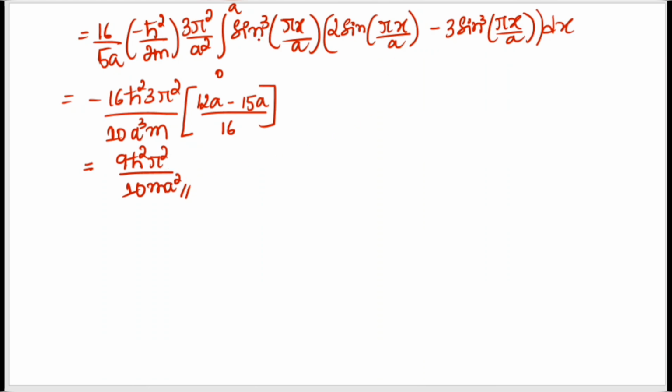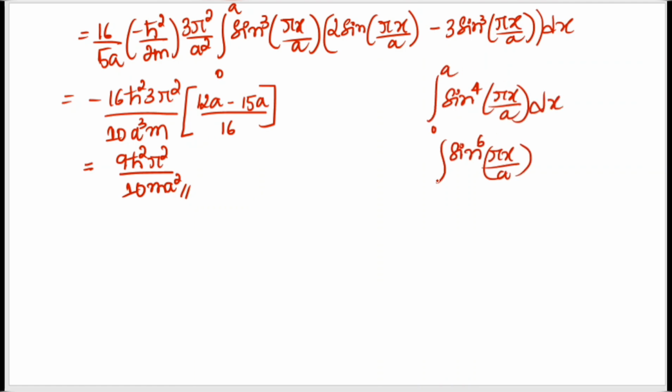Here you need to take the sine cube pi x by a inside this. You will get sine to the power of 4 pi x divided by a. Here you will be getting sine to the power of 6 pi x divided by a. For this, the integration value you need to find separately. It is the standard integration value we must know.